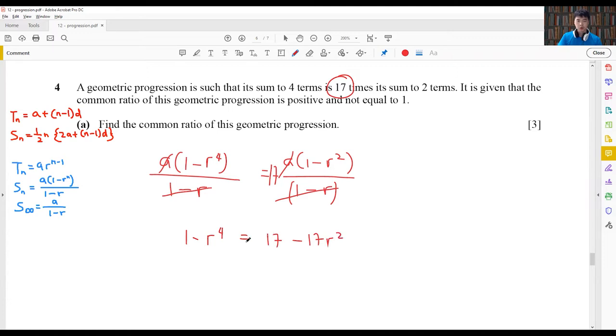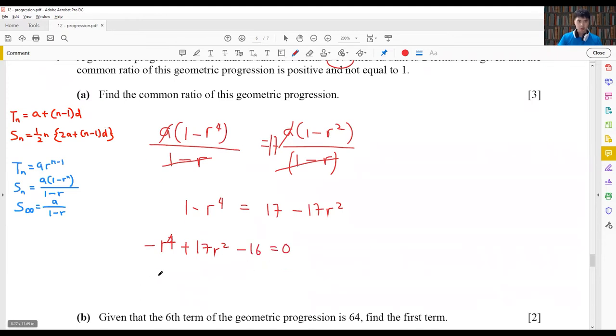From here, you guys need some practice, but you should be able to see that it's actually a quadratic equation. When you group it all up, negative r^4 plus 17r^2, bring this over to the left, and then 1 minus 17, you get minus 16 equals to 0. To make it a quadratic equation, all you have to do is let r^2 equal y, for example.